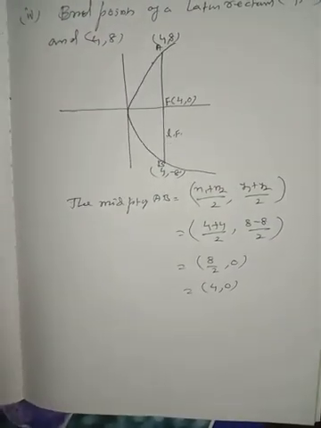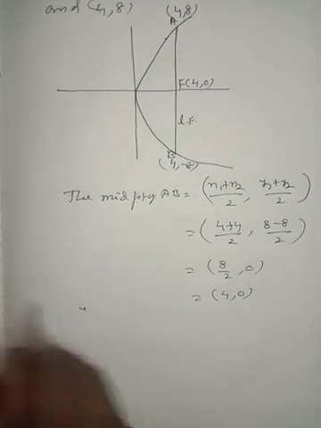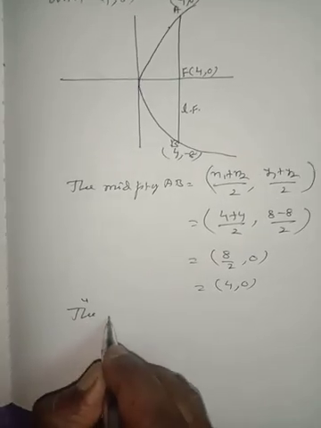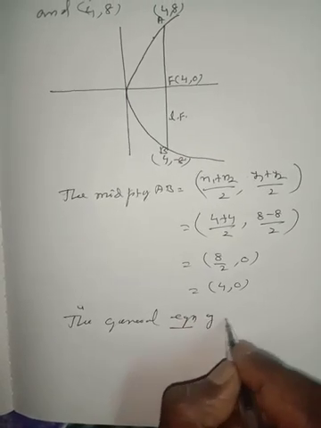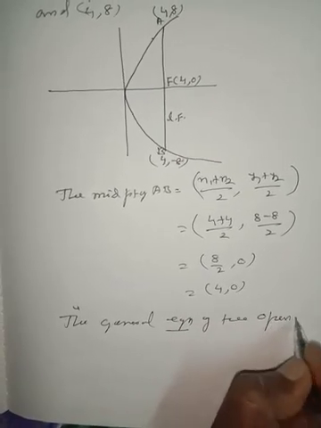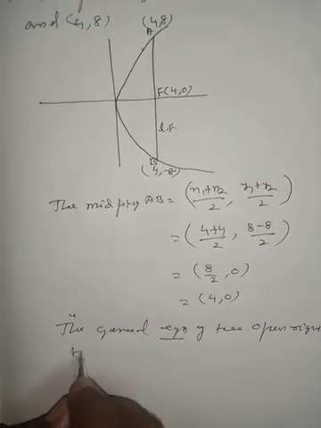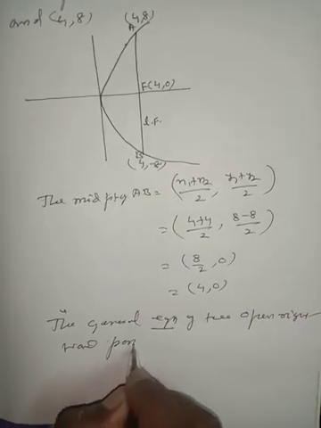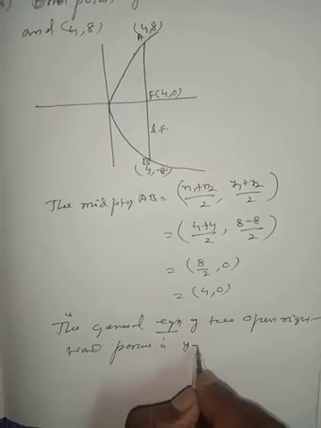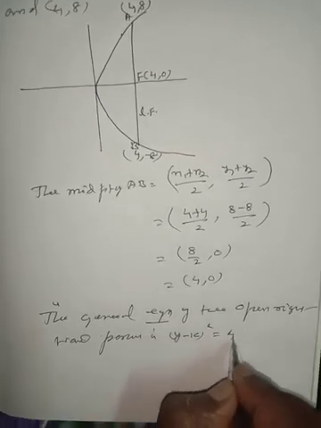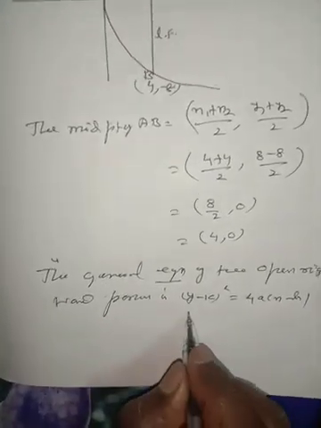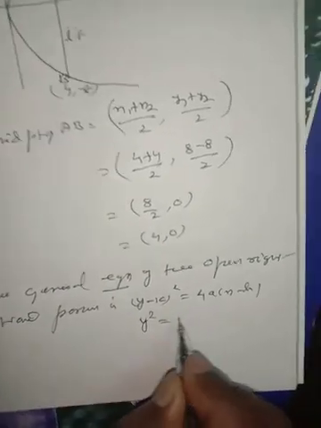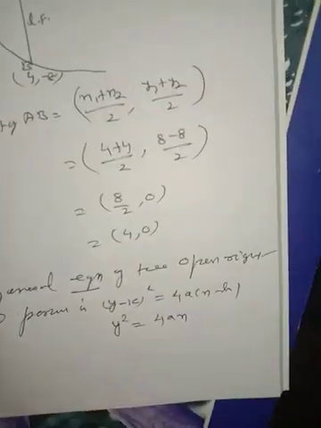Now the general equation of the open rightward parabola is y minus k whole square is equal to 4a into x minus h. In this case h and k are 0, 0, therefore y square is equal to 4a into x.